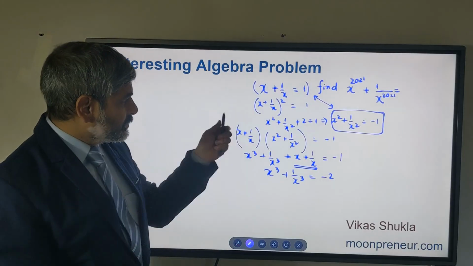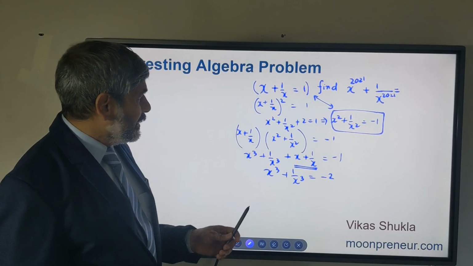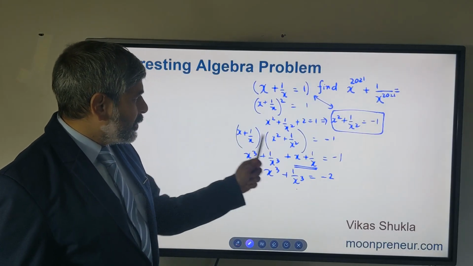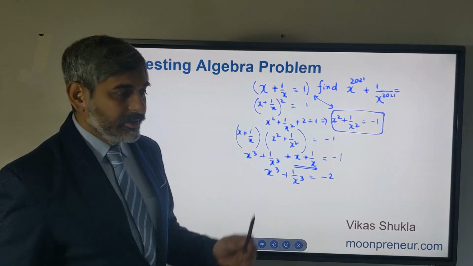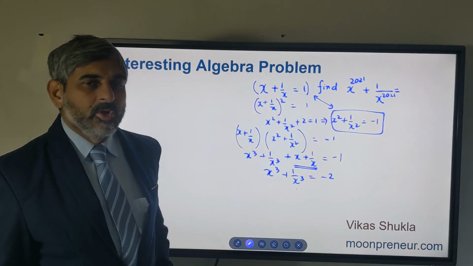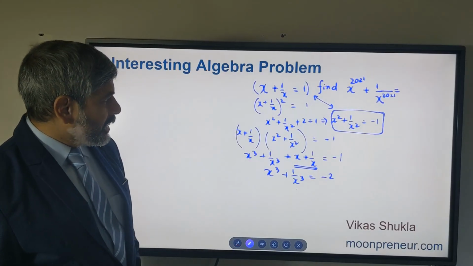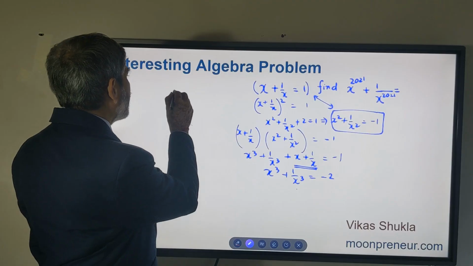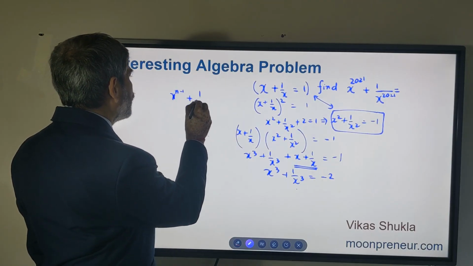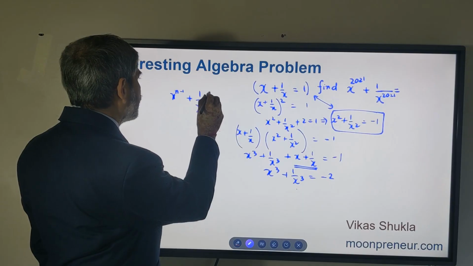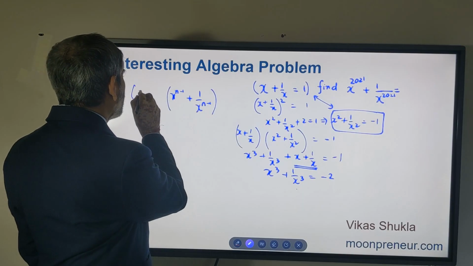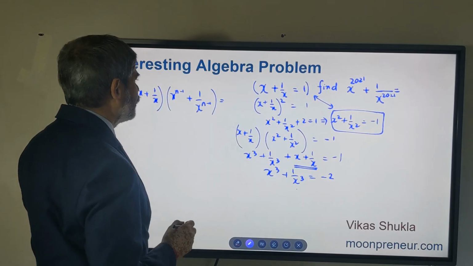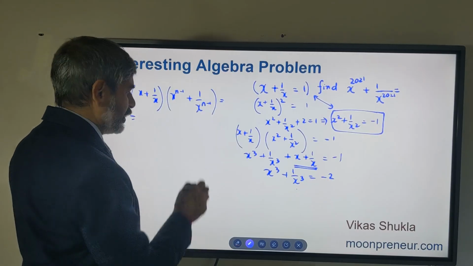One thing when doing this, we realize that it's possible to find a higher order by multiplying subsequent powers of x. So what I mean to say is, let's say I multiply x^(n-1) + 1/x^(n-1) with x + 1/x, to see what we get.